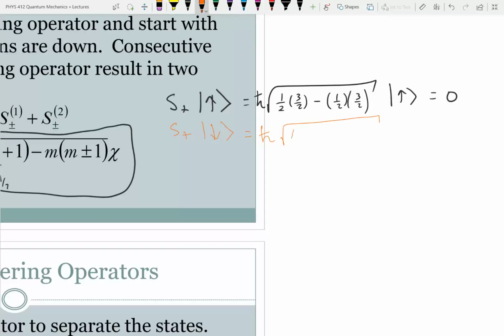First part is always going to be 1/2 times 3/2 minus, and now I have a spin down, so it's minus 1/2. Minus 1/2 plus 1 is plus 1/2. So that's going to be 3/4 minus a negative, so plus 1/4. 3/4 and 1/4 is 1.